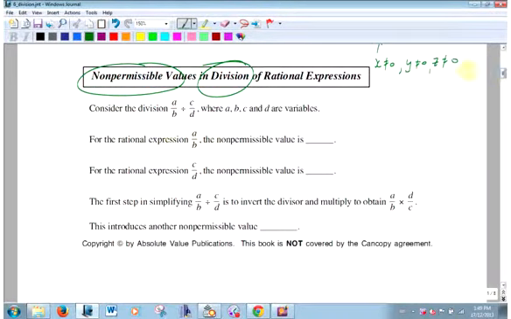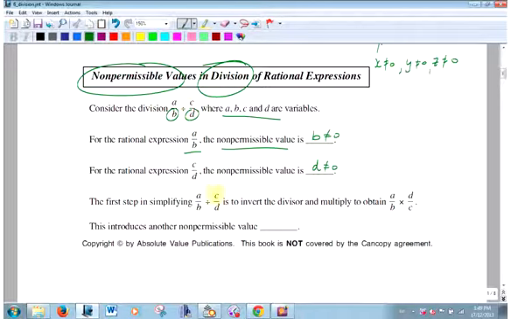All right, running through the example they have, I got AB divided by CD. These are all variables. I don't know what they are, but I know for AB, the non-permissible value is B can't be 0, right? I can't divide by 0. For CD, D can't be 0. So I have these two denominators.